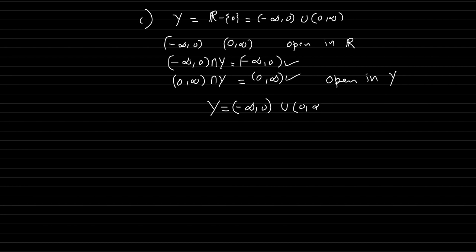So here, when we consider Y with the relative topology or subspace topology, Y can be written as the union of two disjoint non-empty open sets. Therefore, Y is disconnected. So Y is not connected.